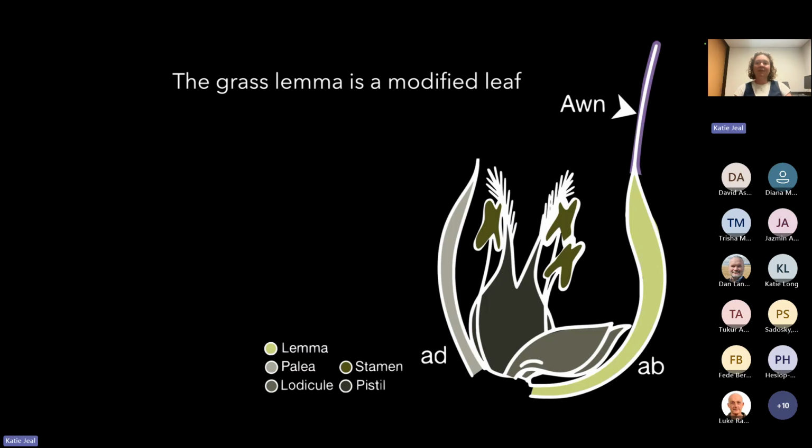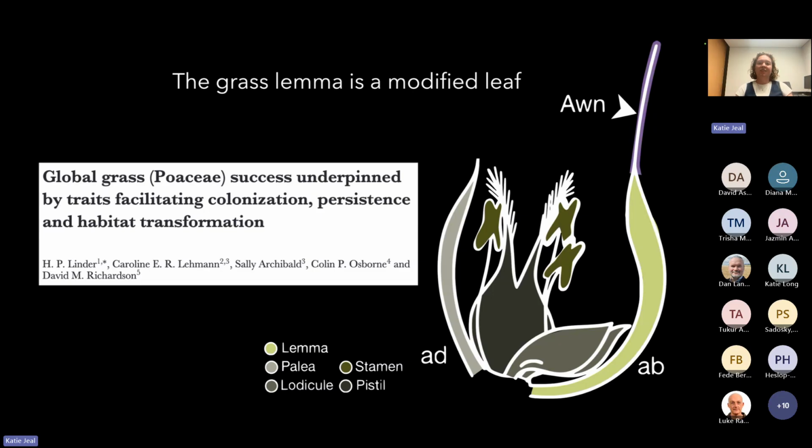The lemma functions as a key player in grass seed dispersal. It provides environmental sensing and also aids in seedling establishment across diverse ecosystems. The evolution of the lemma and its role in aiding with these functions has been widely considered a key innovation that encouraged the global ecological success of the grass family.